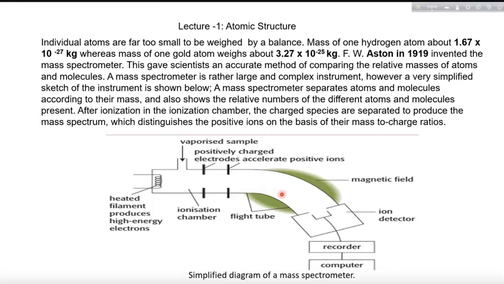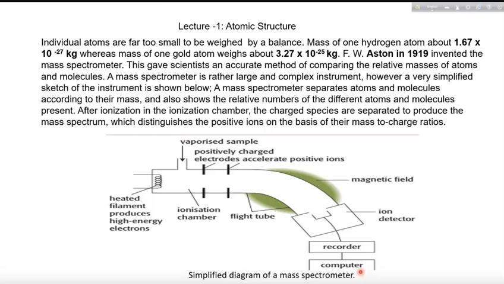This magnetic field separates the positively charged ions by their mass to charge ratio, and then we record it and put it in the computer, and we can determine the relative masses of different atoms, or even the relative mass of isotopes.